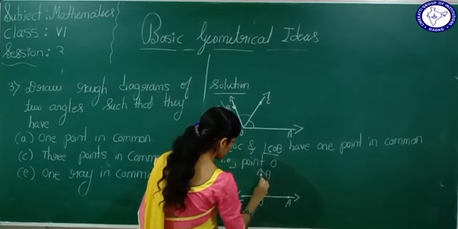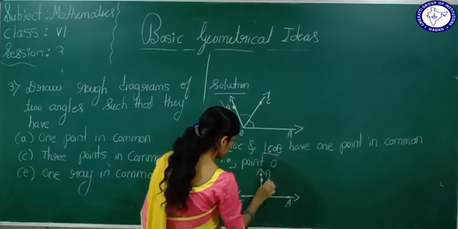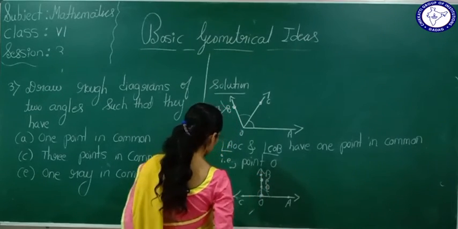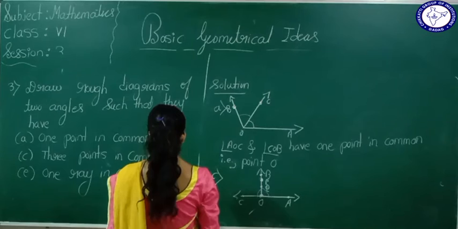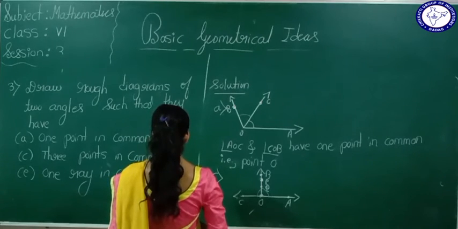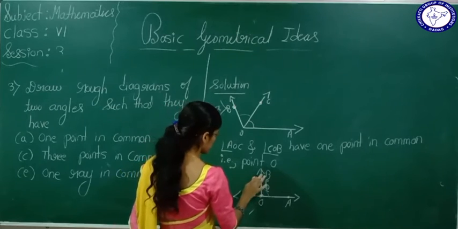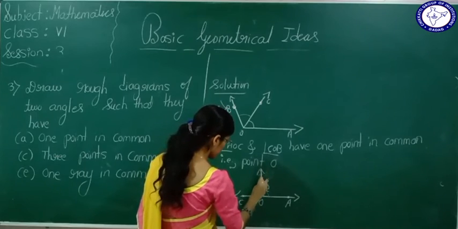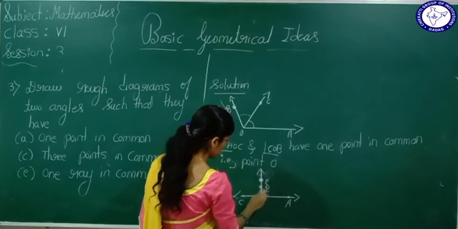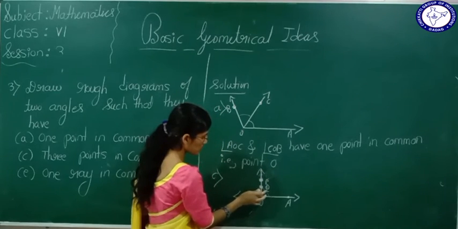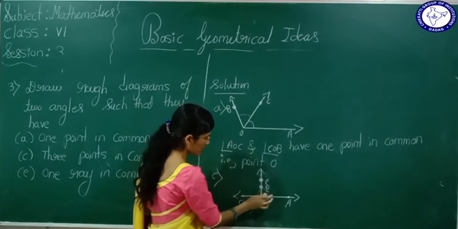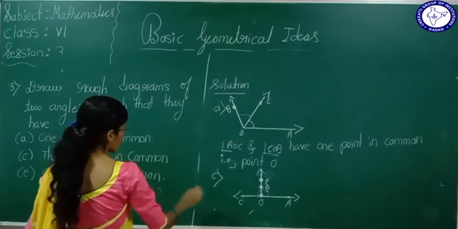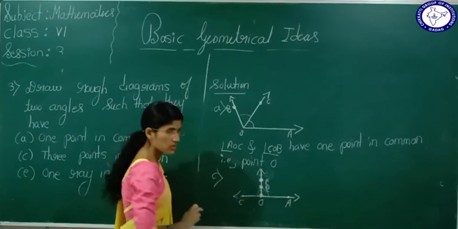Now see here P, Q. Now see, these are the two angles. For these two angles, how many common points are there? They told 3 points should be in common. 1, 2, 3. These are the 3 points in common now.